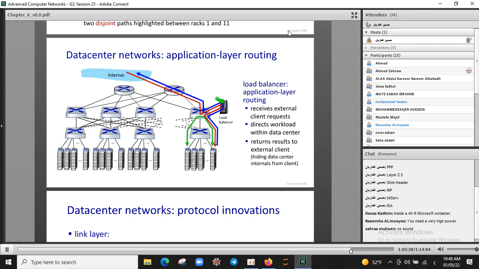And then the load balancer decides that server number X should answer this request, this query. The load balancer defines which of those servers should answer this query. And according to this recommendation, my traffic is forwarded, for example, toward this rack.